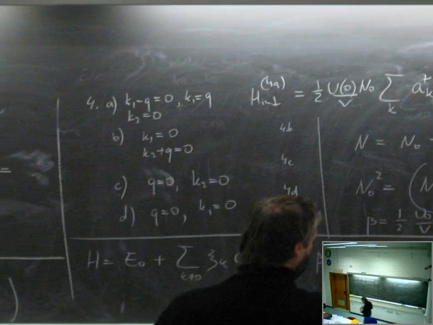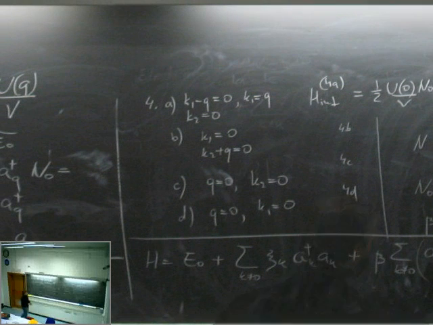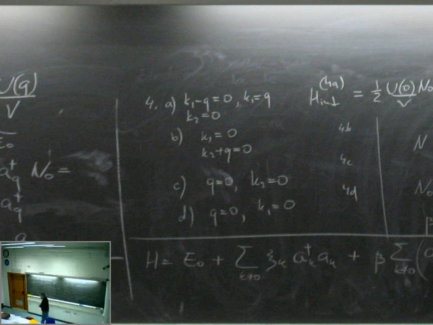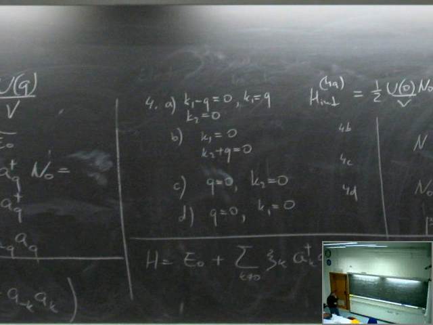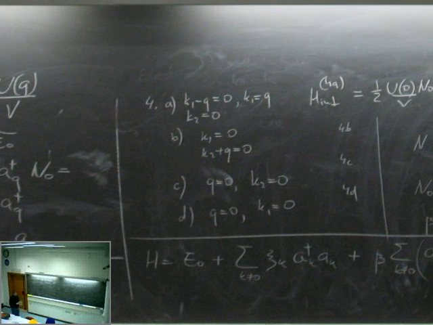So this is the Hamiltonian I'm going to deal with next time. You see that this is a quadratic form. The Hamiltonian is already quadratic with respect to creation and annihilation operators. But it is not yet diagonal because it contains this off-diagonal combination. What I have to do is rotate this Hamiltonian to introduce new variables, and adjust my rotation in such a way that in the new variables this Hamiltonian is diagonal.